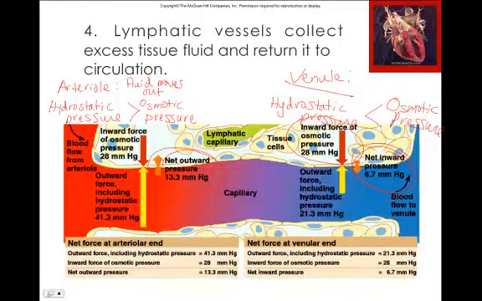And if for some reason we get a buildup of fluid in these tissues, the lymphatic vessels, and we haven't gotten into the lymphatic system yet, but we'll get there, will actually collect the extra tissue fluid and then eventually return it to the blood later on.